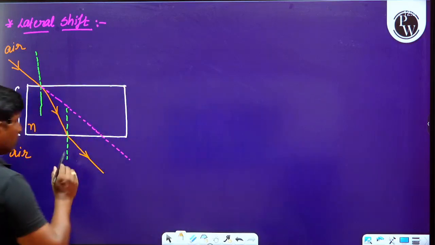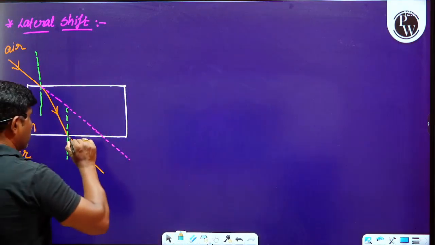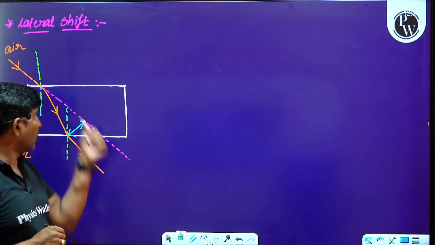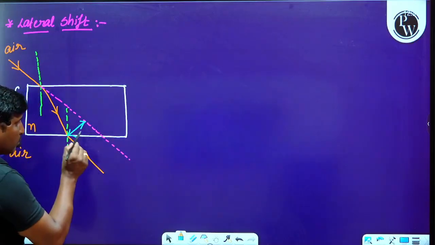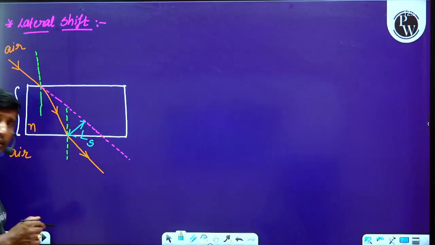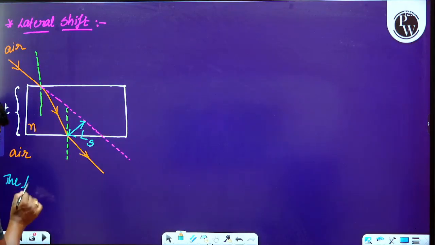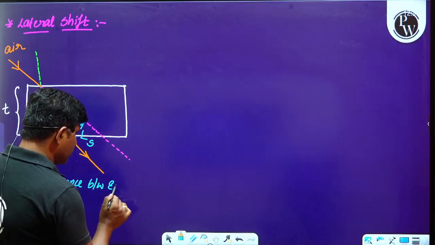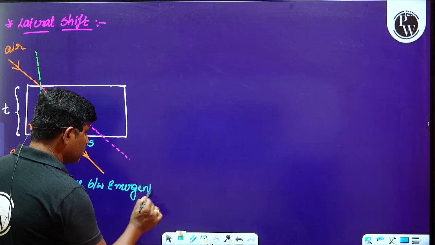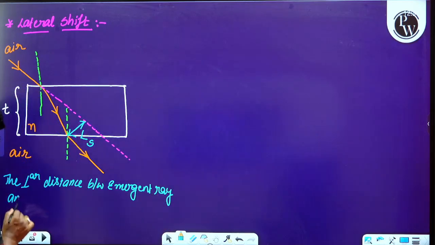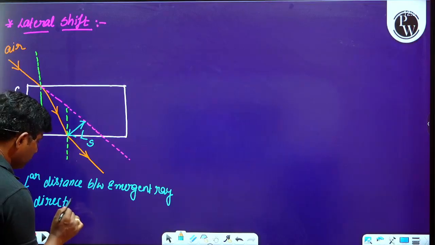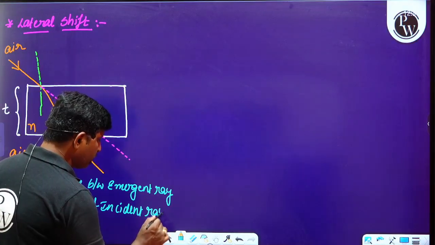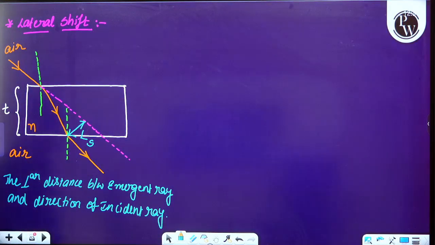If we measure the perpendicular distance between the emergent ray and the direction of the incident ray, it is called the lateral shift.